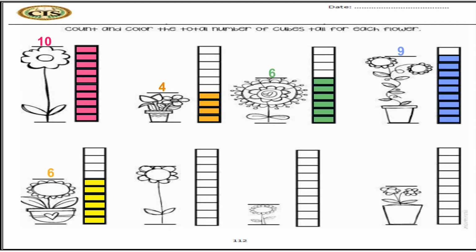Flower number 6, 1, 2, 3, 4, 5, 6, 7, 8. 8 cubes. Flower number 7, 1, 2, 3. 3 cubes tall. Flower number 8, 1, 2, 3, 4, 5. 5 cubes tall.